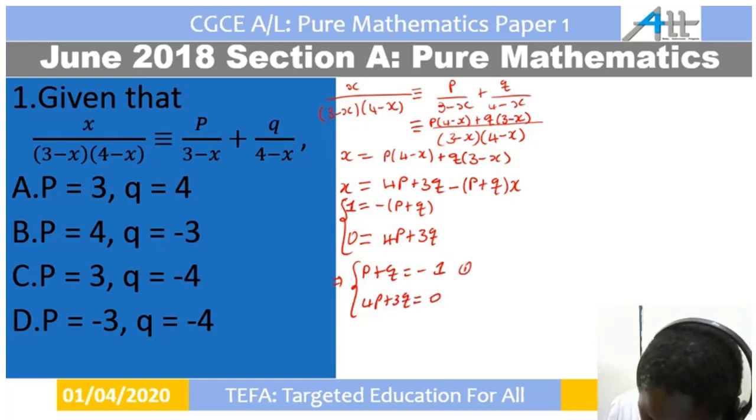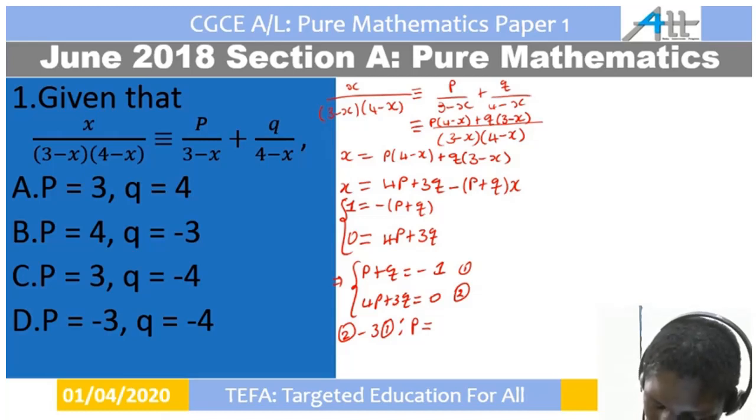Multiplying equation 1 by 3 and taking equation 2 minus 3 times equation 1, we are going to obtain 4p minus 3p, which is p. We'll get 3q minus 3q, which is 0, equal to 0 minus 3 times negative 1, which is 3.